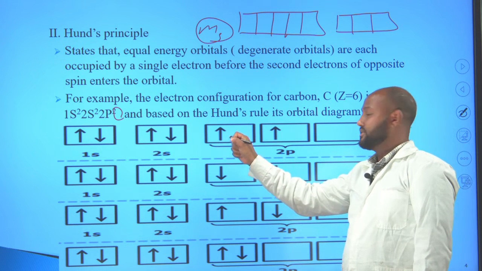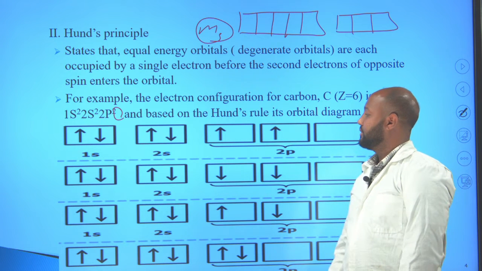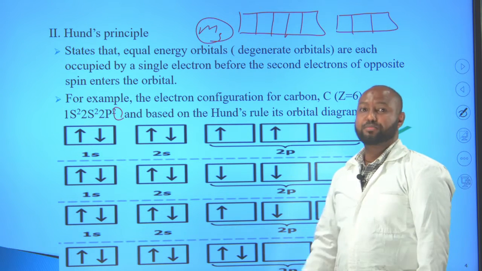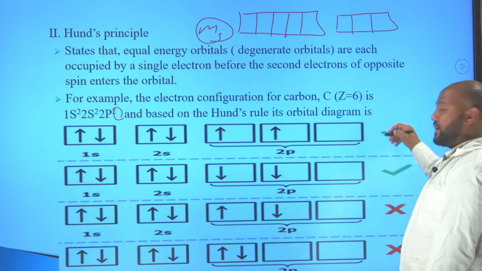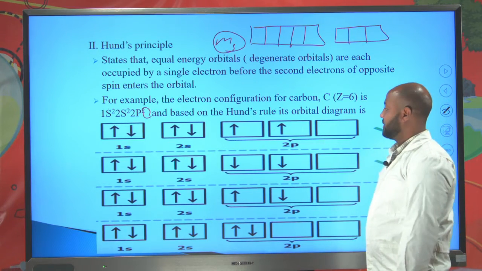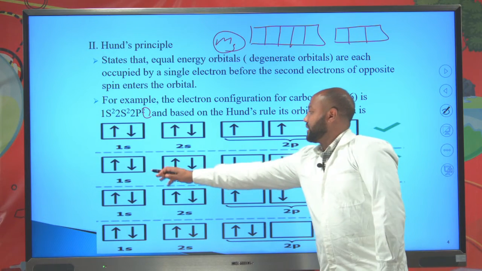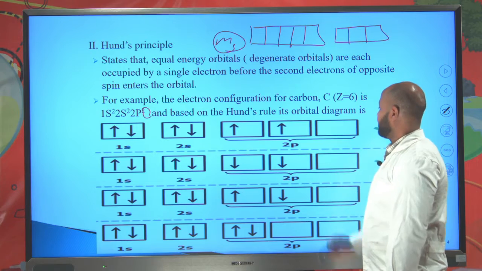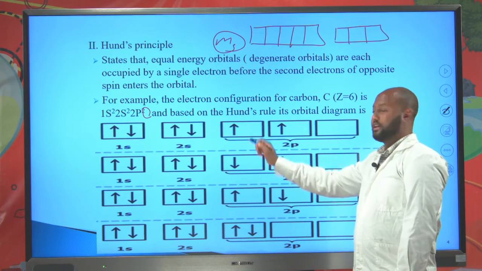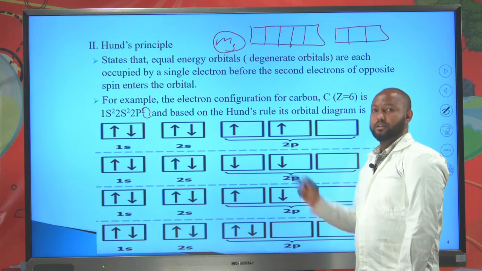One electron first, then the second electron. It should have the same spin. So this one is right, we can say it's correct. What about this one? 1s2, 2s2, 2p. This one is clockwise and this one is anti-clockwise, both of them. That's right.